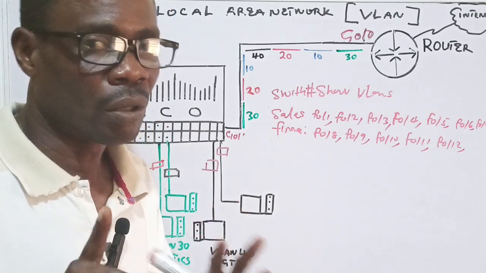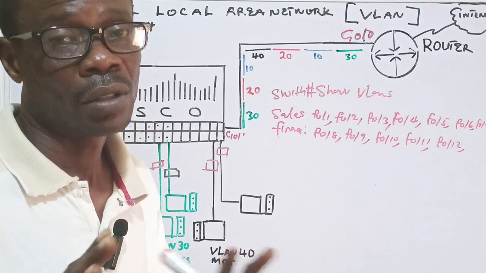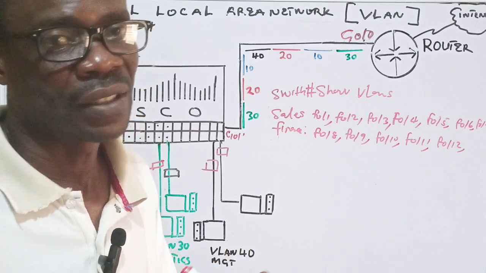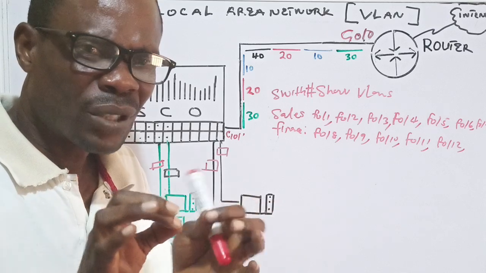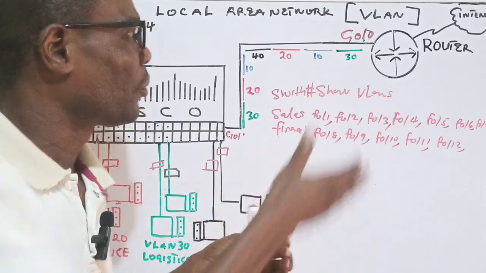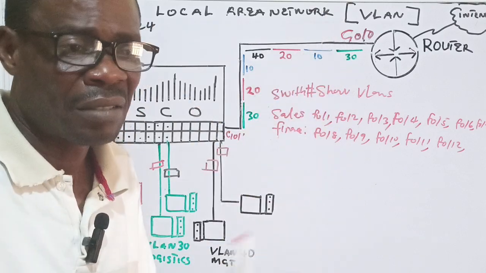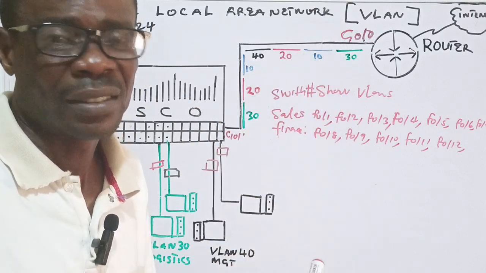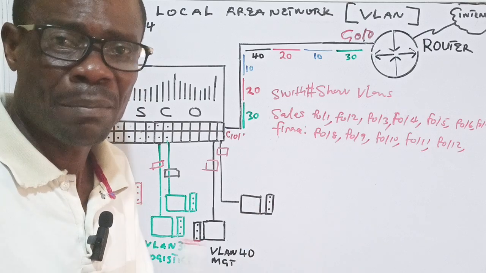There's something called SOHO, small office, home office. Just a small enterprise can put them in one switch and configure a router interface with an IP address, and they don't have departments. It's just a one-man company.